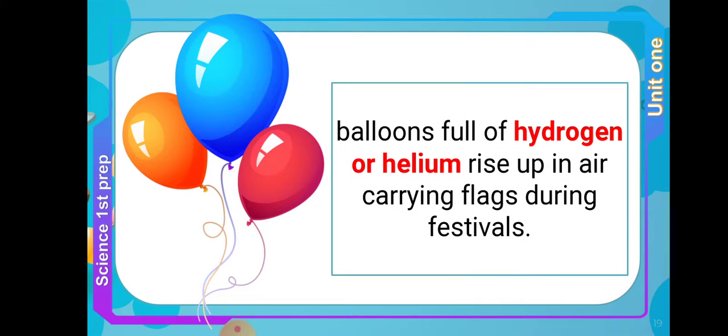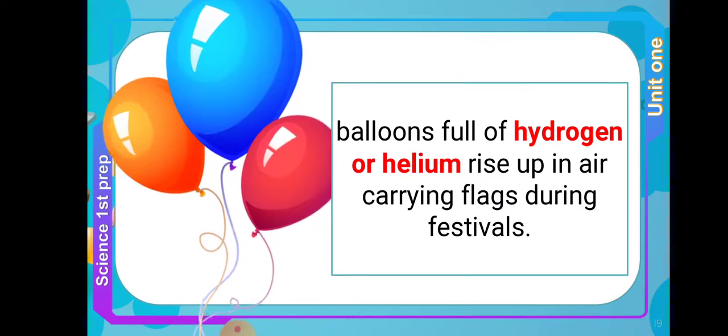Another life application on density: balloons full of hydrogen or helium. In celebrations, we fill the balloons with hydrogen or helium gases. Why? Because hydrogen and helium gases have densities less than air. They rise up in air carrying flags during festivals.